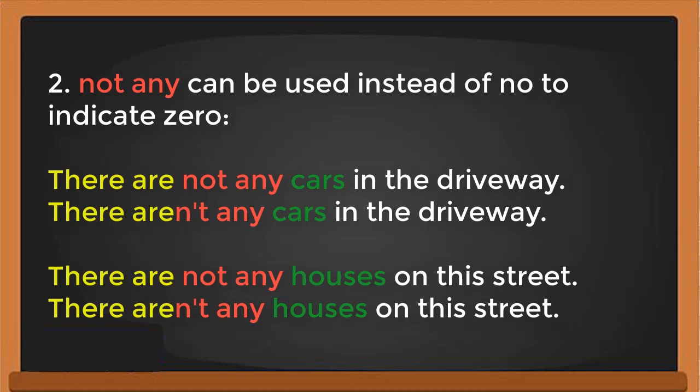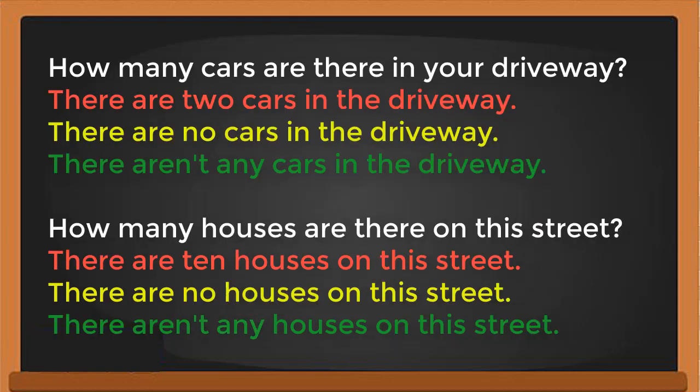and "not any." Okay, so let's recap. If you are asked, "How many cars are there in your driveway?" you can answer, if there is more than one, there are 2 cars in the driveway. Then there are no cars in the driveway, or there aren't any cars in the driveway.